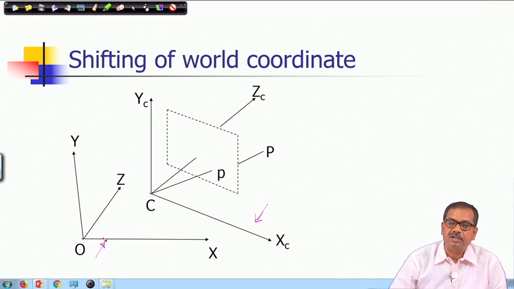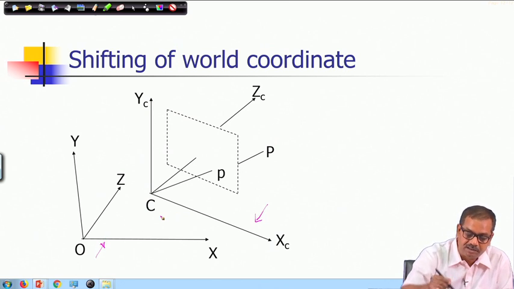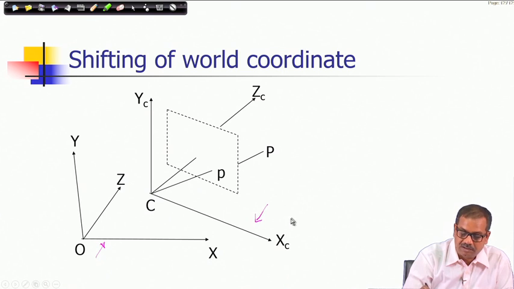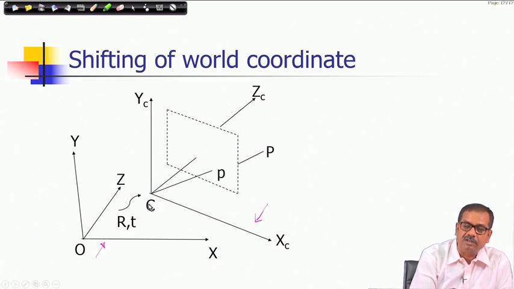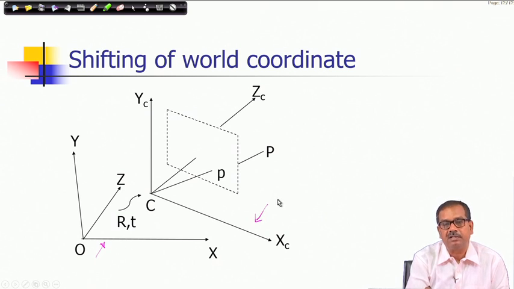So, first we need to consider the transformation between this coordinate system and the corresponding canonical coordinate system. There are operations like rotation of axes and translation of origin involved in transforming any coordinate to the corresponding canonical camera centric coordinate system.